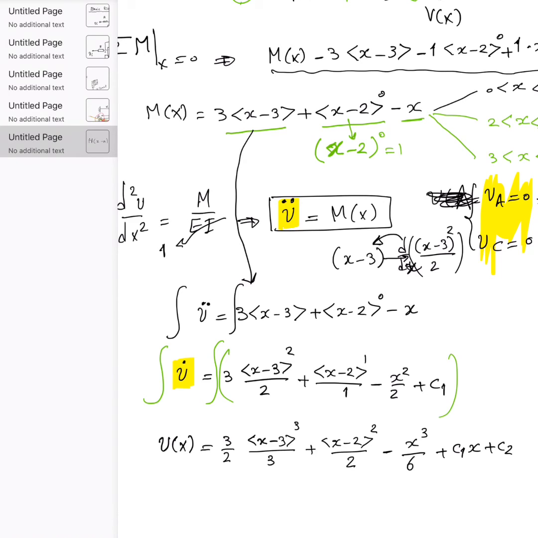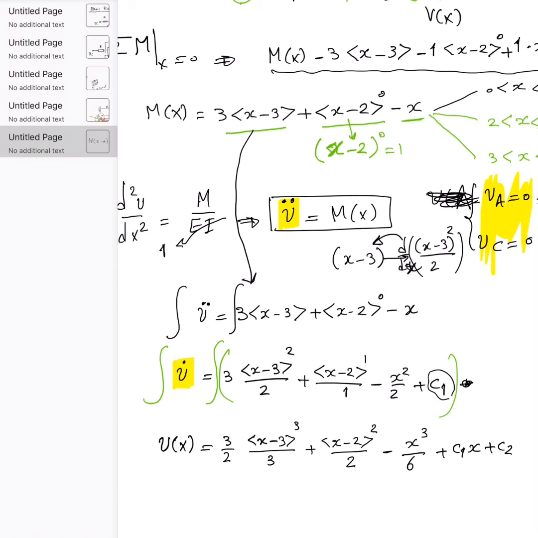Look at that. C1 is just a constant, so when you take integral, it becomes a constant times x, which is C1 times x, and then you get another constant of integration coming from this second integral. This method is usually called, in a structural analysis curriculum, the double integration method, because you have to do two integrals in order to get the deflection relation.